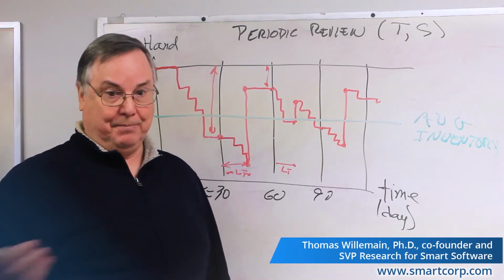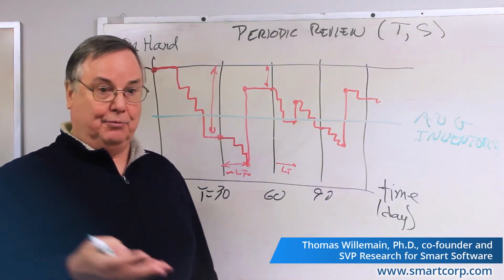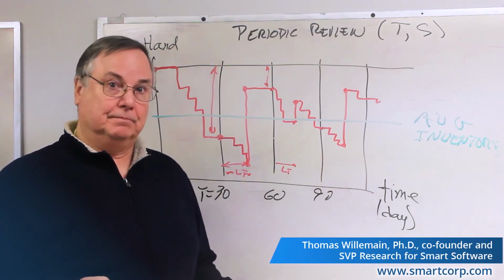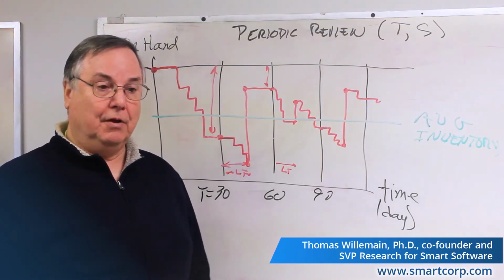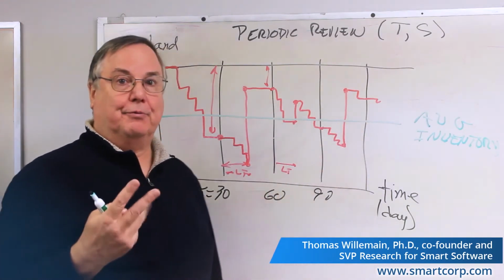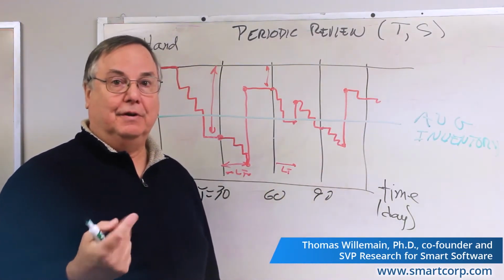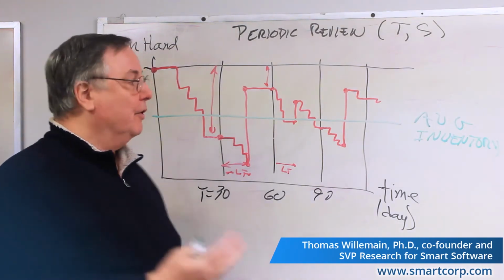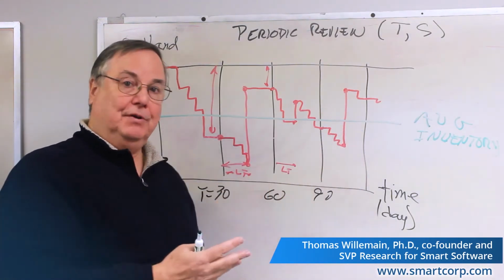So maybe 10% of the dollar value is what it costs you to keep the inventory in storage. So you can figure out from this kind of picture two of the three cost components, the holding cost and the ordering cost. You're also getting the inventory investment.